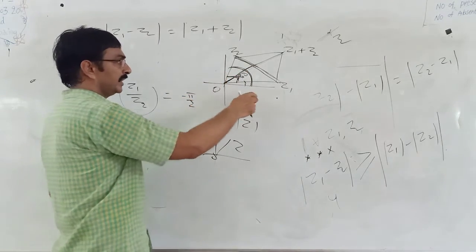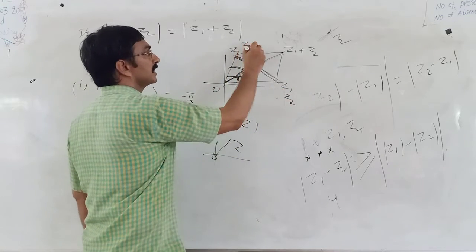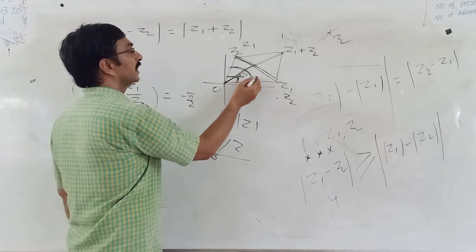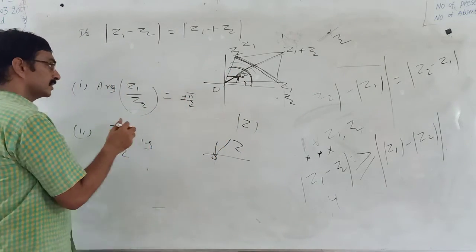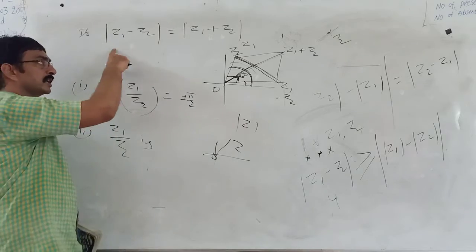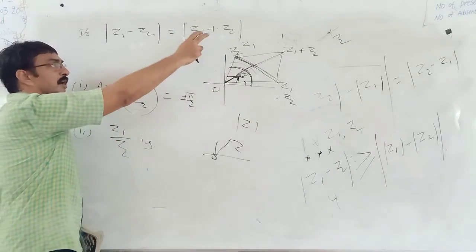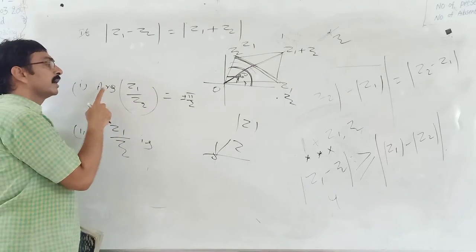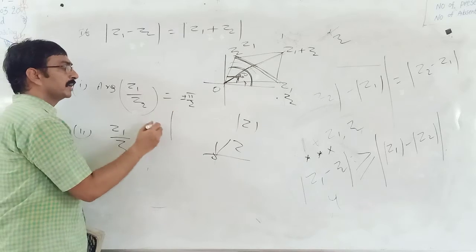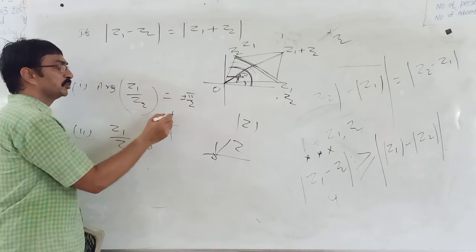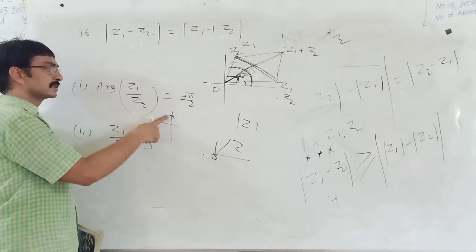But here the positions of Z1, Z2 are dummy. Suppose this is Z2, that is Z1. In that case, argument of Z1 minus argument of Z2 is pi by 2. Thus, for any positions of Z1, Z2, if modulus of Z1 minus Z2 equal to modulus of Z1 plus Z2, then argument of Z1 by Z2 is plus or minus pi by 2. Argument of a complex number pi by 2 means the point lies on the positive y axis.